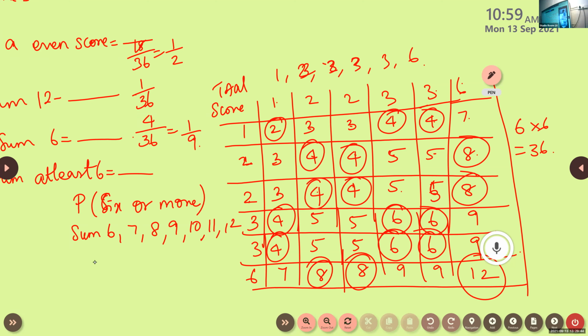Count and see what the possibilities are. 6 is allowed, 7, 8, 9, 10, 11, 12.